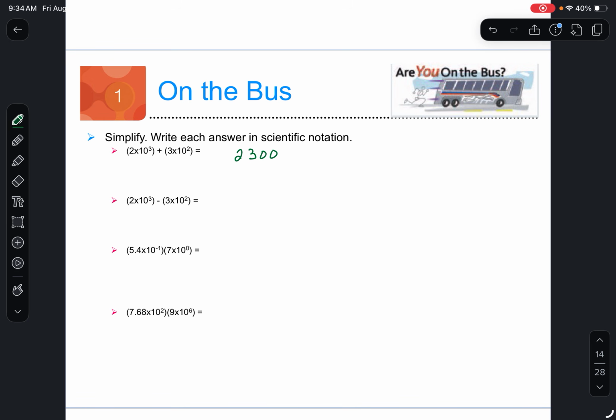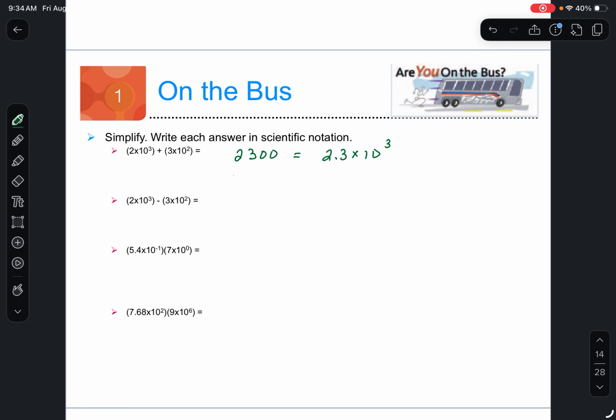Now when you put that in scientific notation like you're asked in the question, it will be 2.3 times 10 to the 3. Some of your calculators you can program to always give you the answer in scientific notation. Others you'll just have to convert it to scientific notation once you get the correct answer.